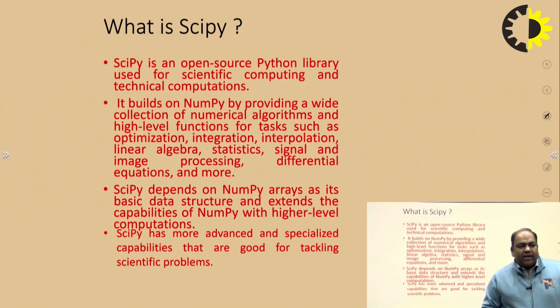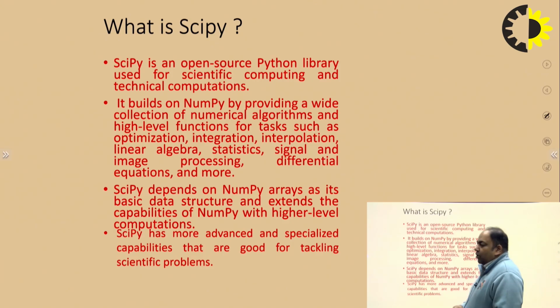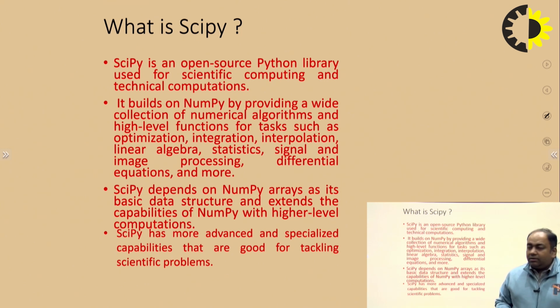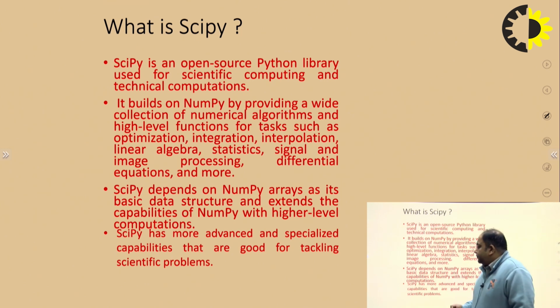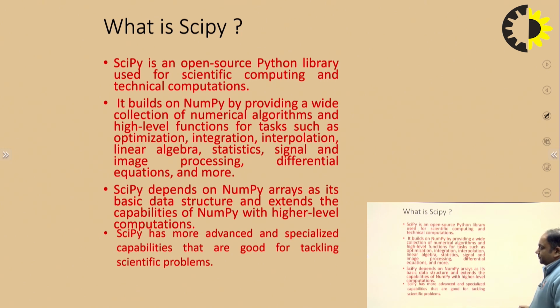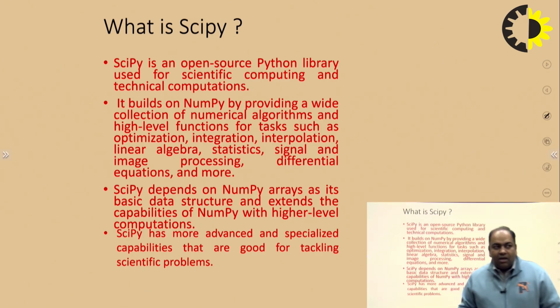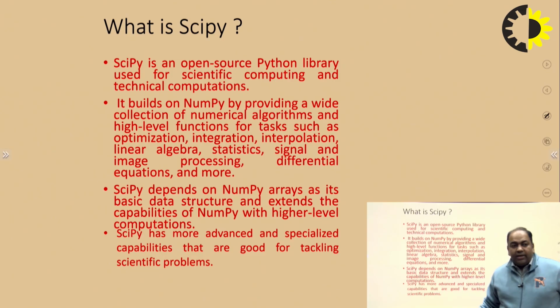SciPy has more advanced and specialized capabilities that are good for tackling scientific problems. So with NumPy, we use another library which we call SciPy, meaning scientific Python. Basically SciPy is scientific Python and NumPy is numerical Python. So we combine both of these modules for doing large computational mathematical problems.